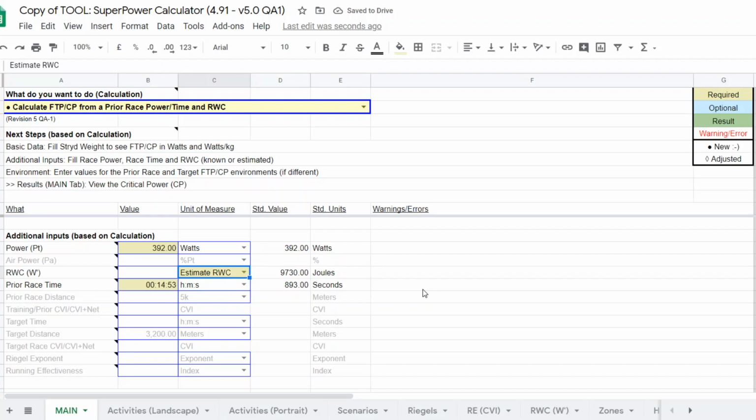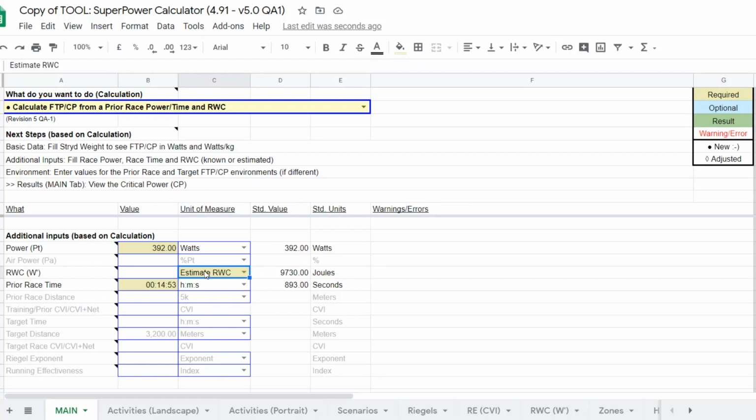If we select that option, because we don't really know, we don't have a recent CP test, it's going to give your FTP CP estimate as a range, based on plus or minus 1 standard deviation from the mean of the population data we have. And that's going to give you a pretty good estimate.